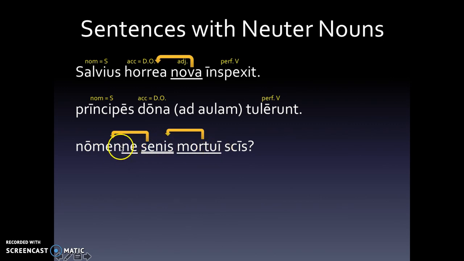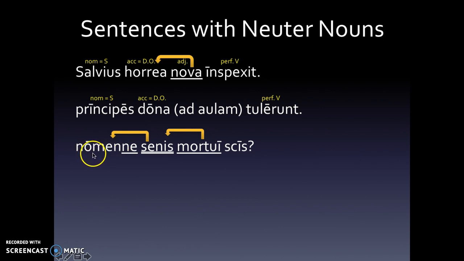This ne here, the reason why it's underlined is just to visually separate it from this word. This is what we call an enclitic. It's attaching itself to the end of the word, letting you know that you're entering a question. Scis is our verb. So let's go back here. Nomen. Nominative and accusative are always the same with neuters. So is this nominative or is it accusative?